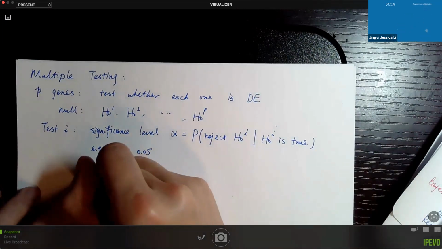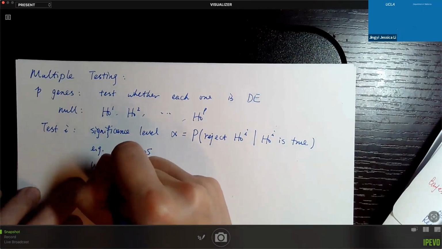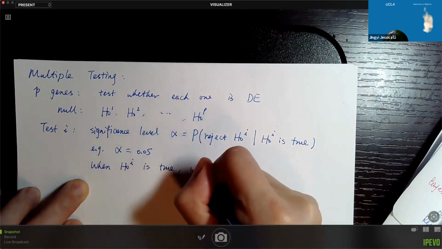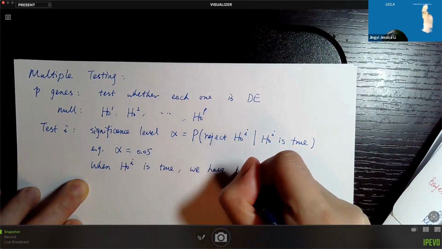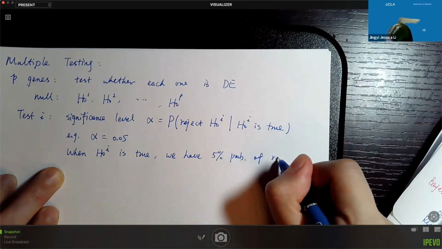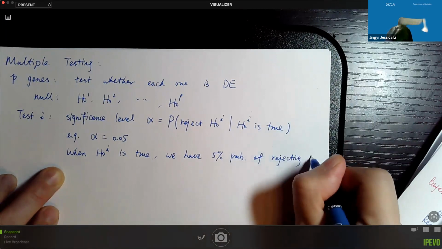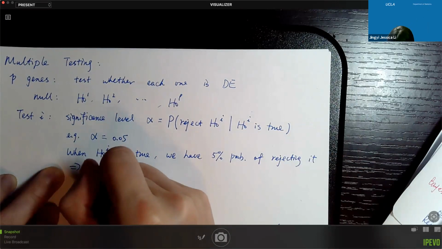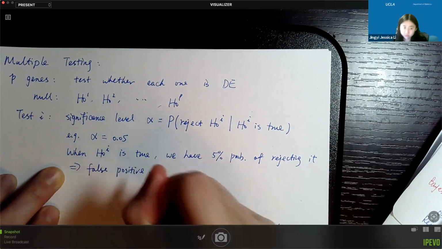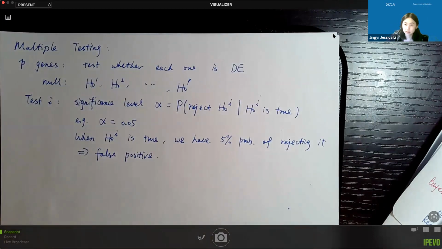So when H0i is true, we have a 5% probability of rejecting it. And that's what we call a false positive. So when we're doing only one test, we're fine, right? Because 5% is considered to be a very small probability. But what if we're doing thousands of tests?